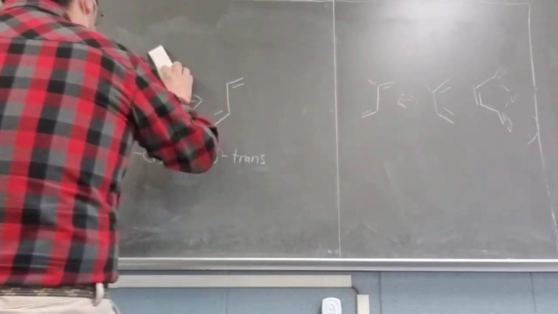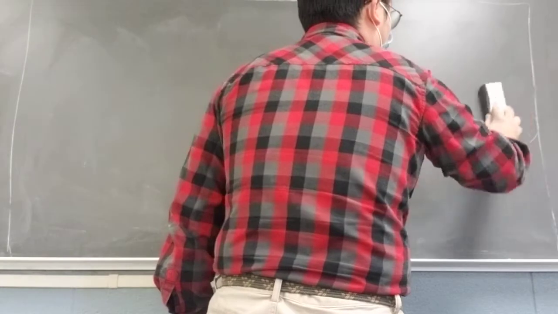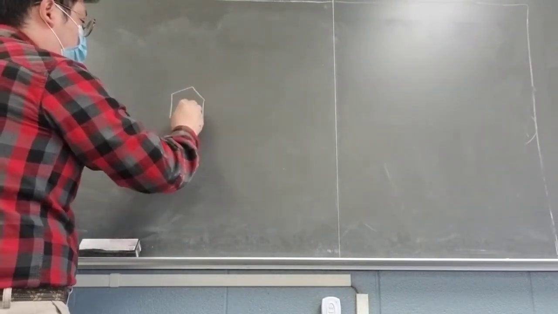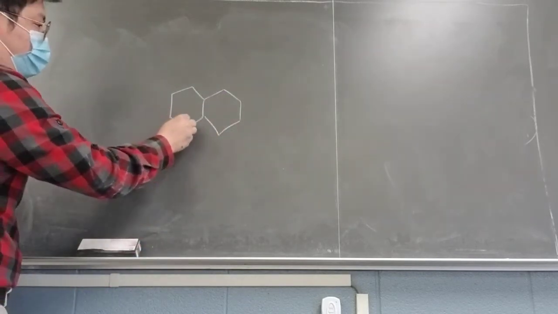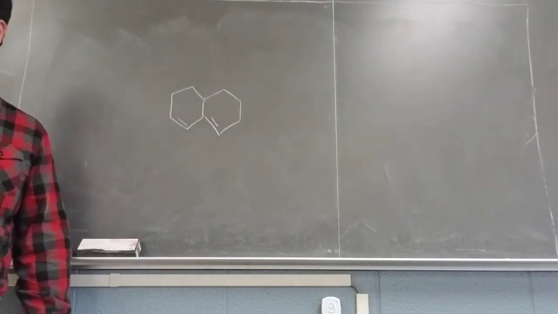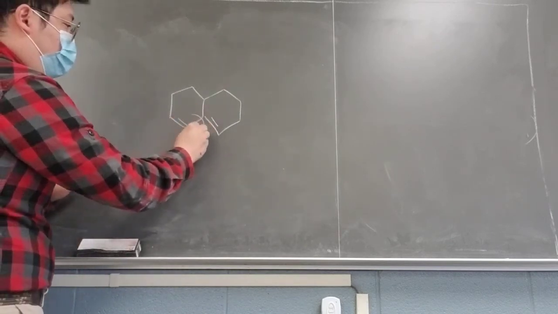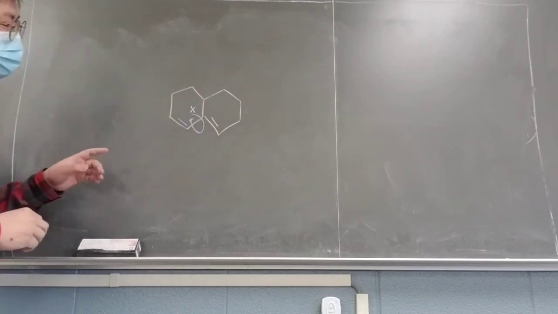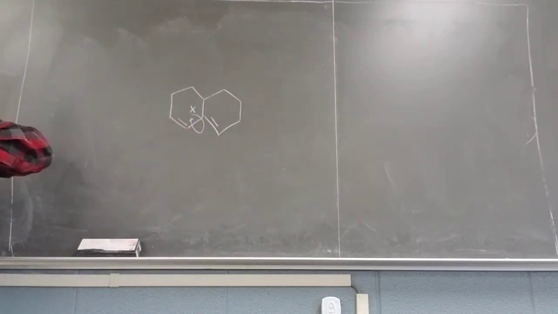But for a certain case, you cannot do this one. There are mainly two scenarios. If you have a bicyclic compound like this one, and you have this. Okay? So in this case, you cannot rotate the single bond. It's fixed in the ring structure, right?